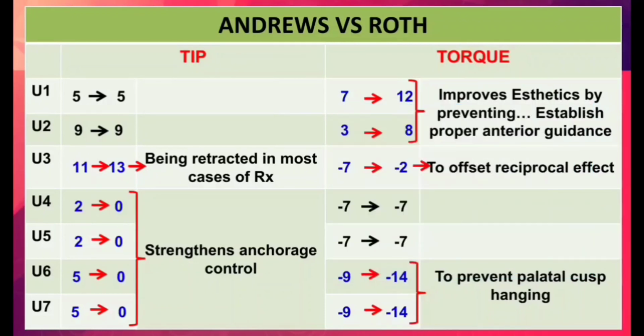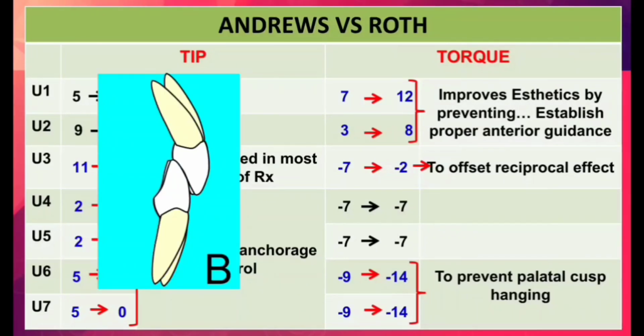And now coming to the torque, incisor torque was increased to improve aesthetics by preventing flattened profile, straight upper lip, obtuse nasolabial angle. These are the 3 points you should remember, that is flattened profile, straight upper lip, obtuse nasolabial angle, and also to establish proper anterior guidance and prevent lateral stress in the posterior segments.